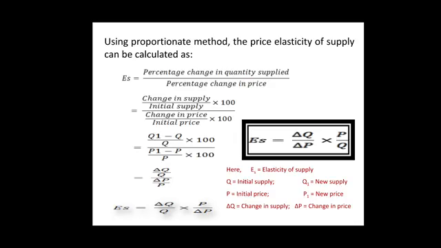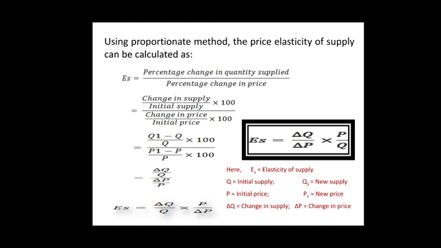Using this method, the price elasticity of supply can be calculated as ES, which is elasticity of supply, is equal to percentage change in quantity supplied divided by percentage change in price.